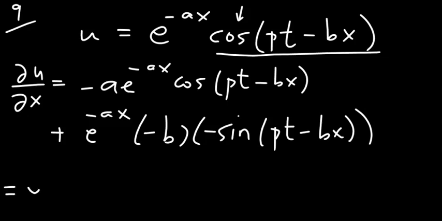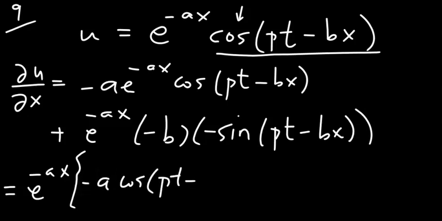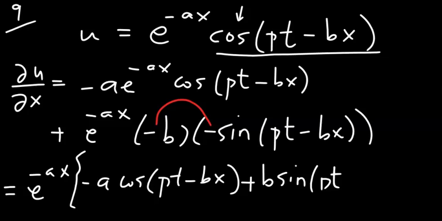Factoring out the common term, which is the exponential term, you will get minus a cosine of pt minus bx. Note that this minus will kill that minus, and the second term will become plus b sine of pt minus bx.